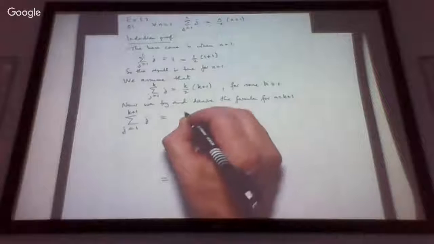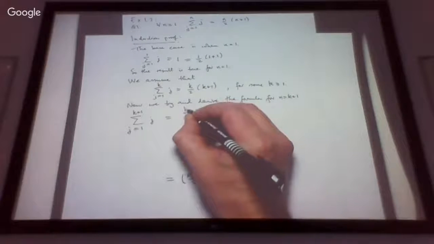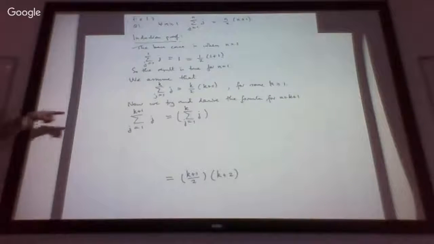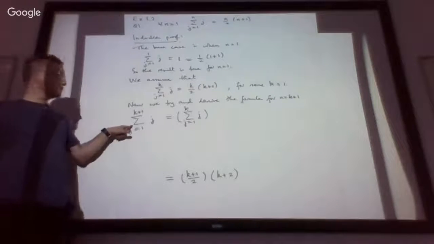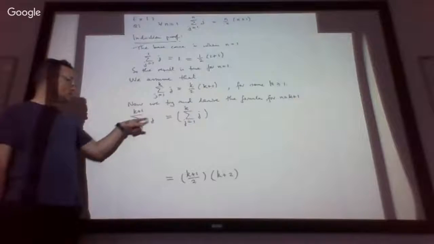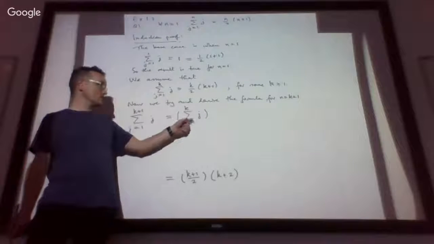So I can emphasize that, or I can draw that out by saying within this summation, you will find this summation, which is exactly this one, adding all the j's from 1 to k plus 1. Well, within that, there's adding all the j's from 1 to k.